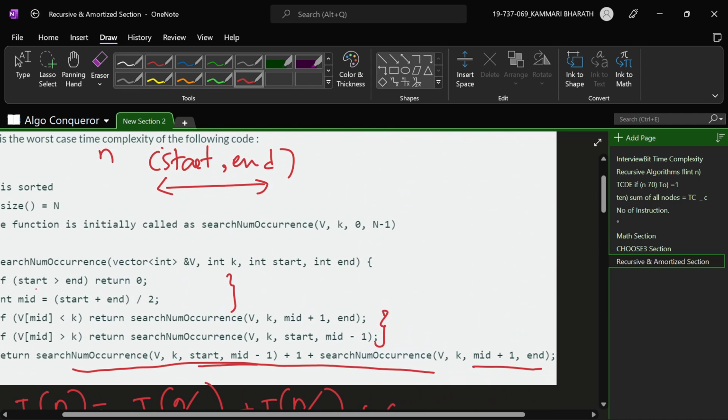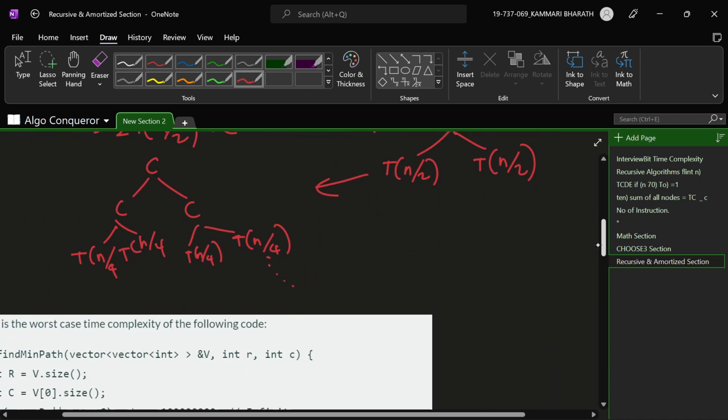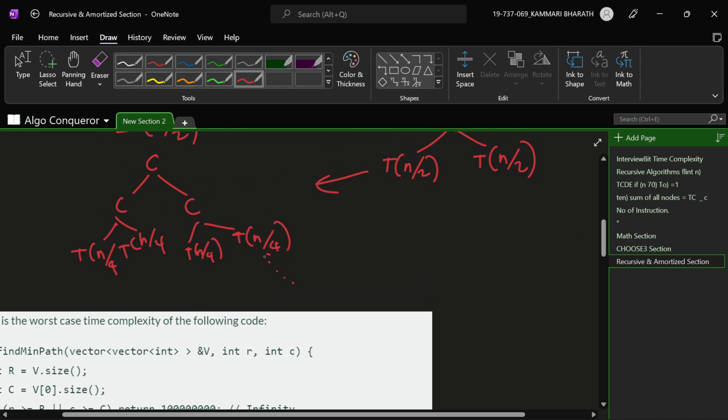If you see the base case, start greater than end means there is no input. The n is 0. That is the base case. And the last non-base case is when n is 1, start is equal to end. So at T of 1, it ends.